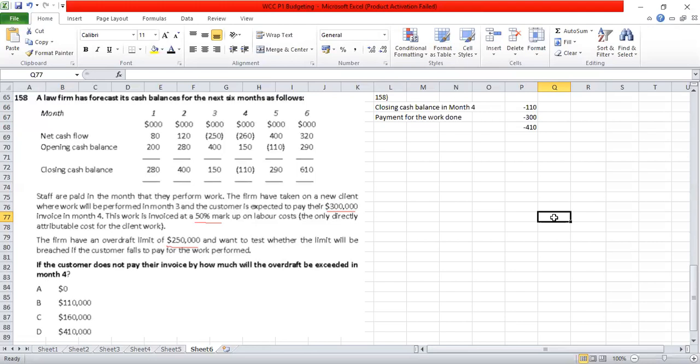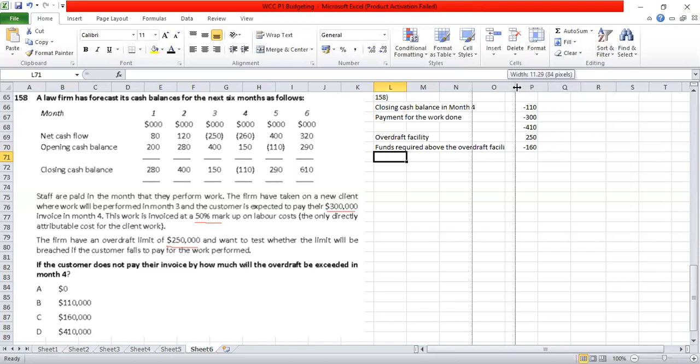So over and above the overdraft, what is the excess amount if the customer fails to make the payment? So option C, 160.